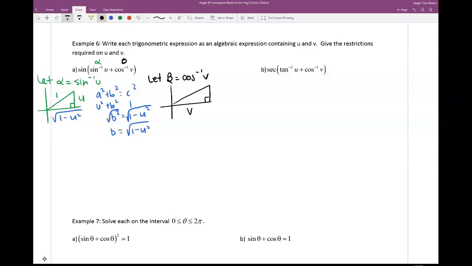So cosine is adjacent over hypotenuse. So I need to find this. And it's the same basic math like over here. It's going to be a squared plus b squared equals c squared. C squared is 1. This is v squared plus b squared. So when I subtract both sides, I have 1 minus v squared. So b is going to be square root of 1 minus v squared. So we're going to put 1 minus v squared.